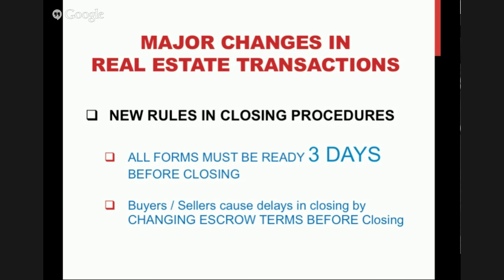So anyway, the lender has to have all their information in no later than 3 days before the date of closing. The borrower, the buyer, the realtors, anybody and everybody involved in the transaction.